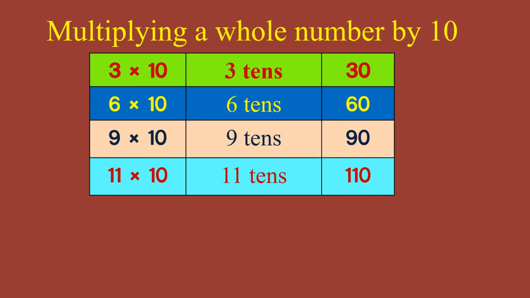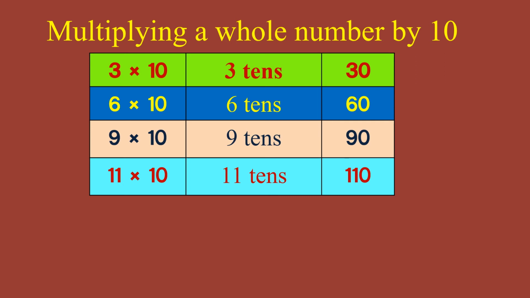So you can mention it as 6 tens. So the answer is 60. 9 multiplied by 10. So you can mention it as 9 tens. The answer is 90. 11 multiplied by 10. You can mention it as 11 tens.